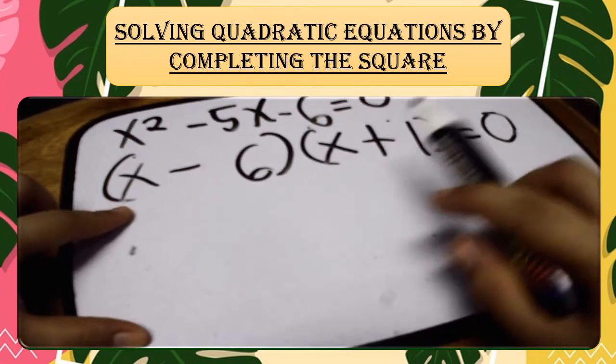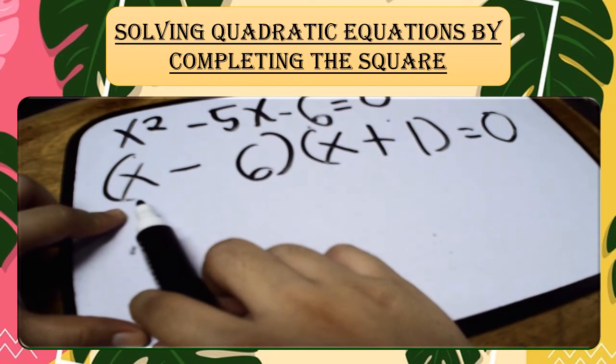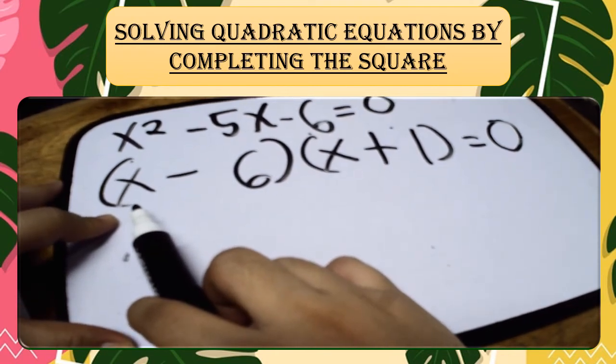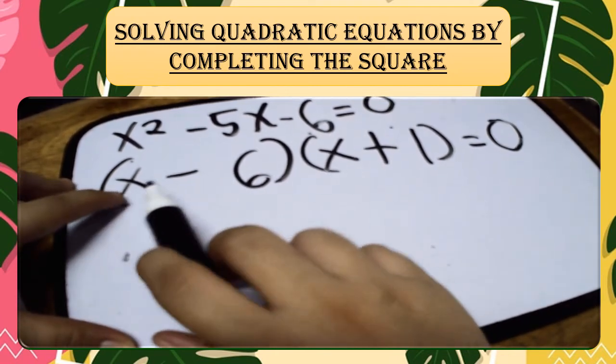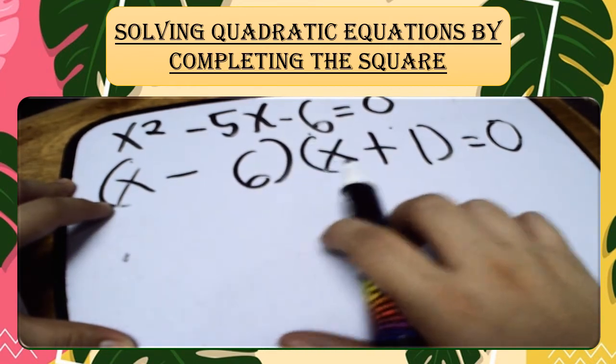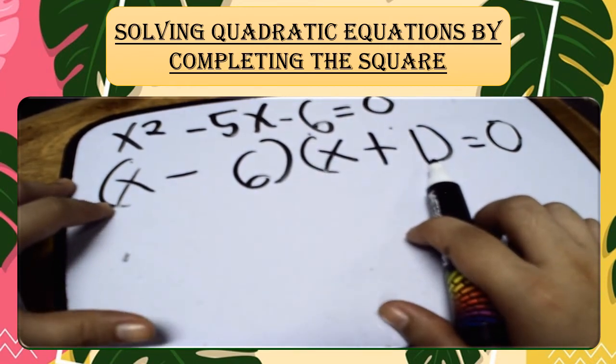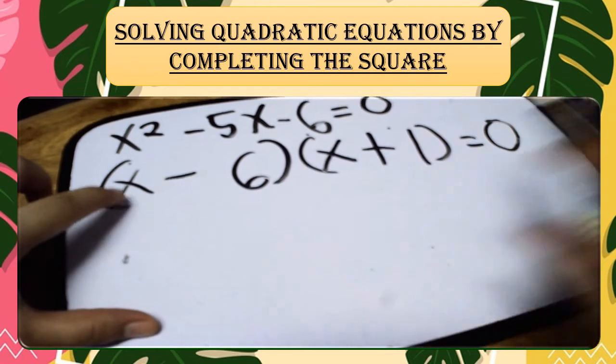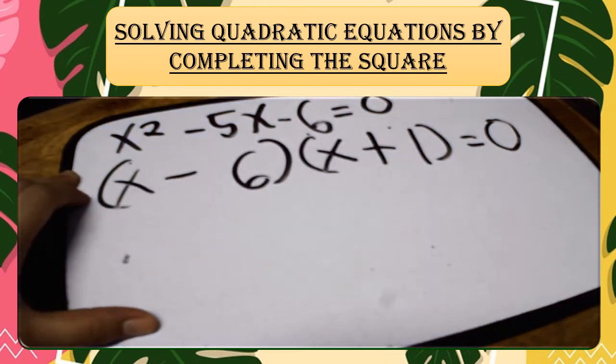Now, find the value of x. Since x minus 6 and x plus 1 both have the same variable, which is x, and they also have a constant, you're just going to change the operation or the sign of the constant.